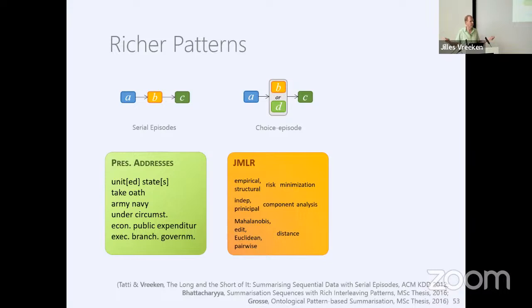You could have two specific patterns, but this is the same idea. Different types of distances: Mahalanobis, edit, Euclidean, pairwise distance; the concept is distance, right? And I'm not saying that independent component analysis and principal component analysis are the same thing, but as a concept, when you read an abstract, this can now pick it up. This is cool.